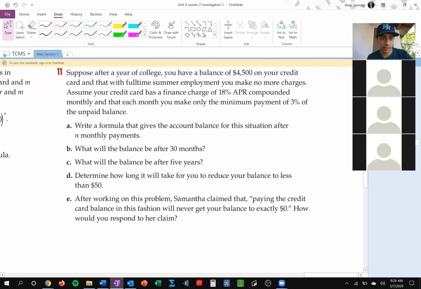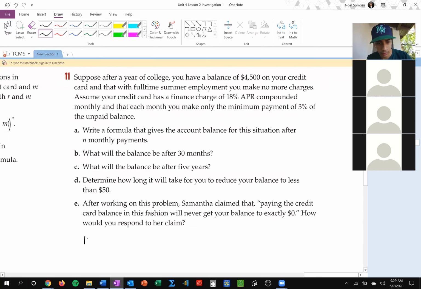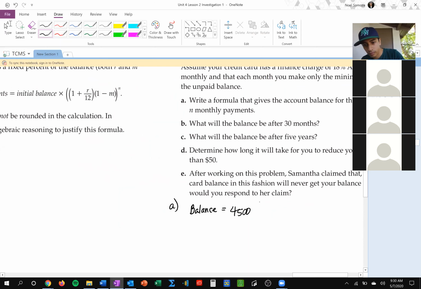So let's just call this balance here. This is for part A, by the way. Balance is equal to the initial balance, so your current balance equals the initial balance that you had, which was the 4,500, and then we're multiplying that times two smaller products inside of that.